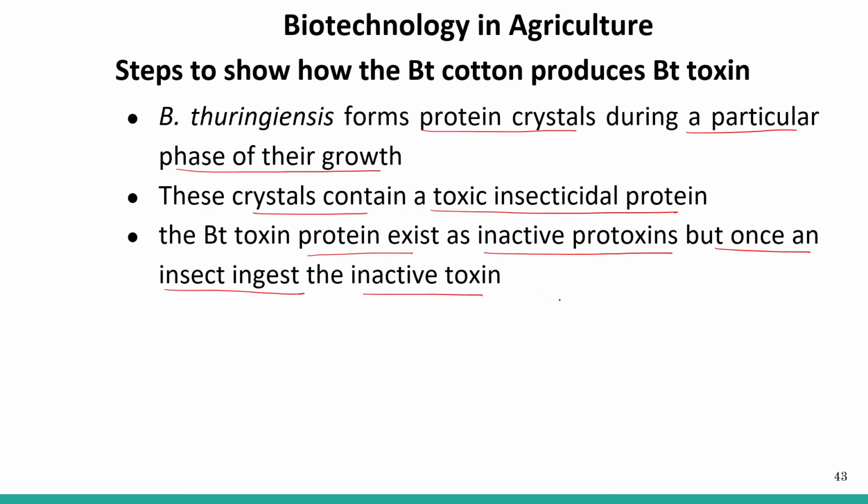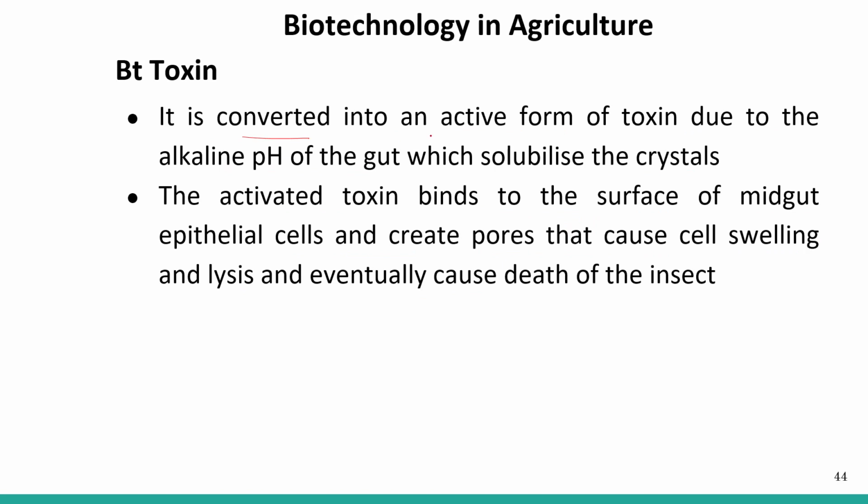The pH of the insect gut is very high, and in that case the inactive protoxin becomes active. It is converted into an active form of toxin due to the alkaline pH of the gut, which solubilizes the crystals. So that is what we are talking about. The toxin crystals get solubilized.